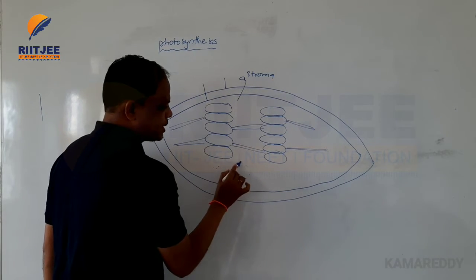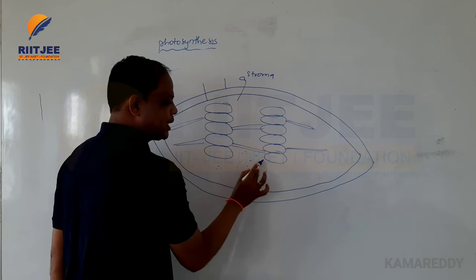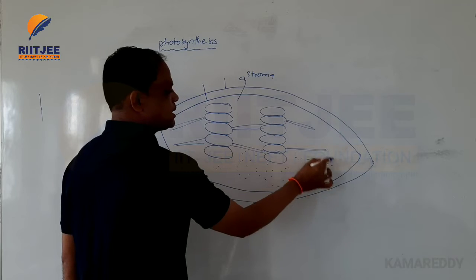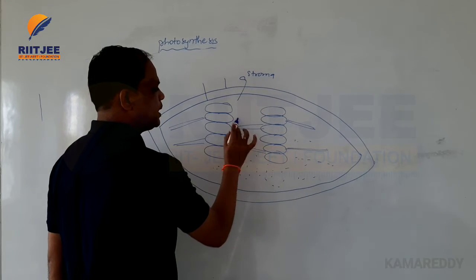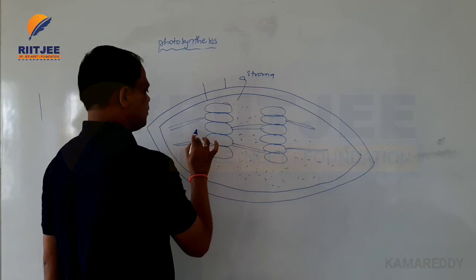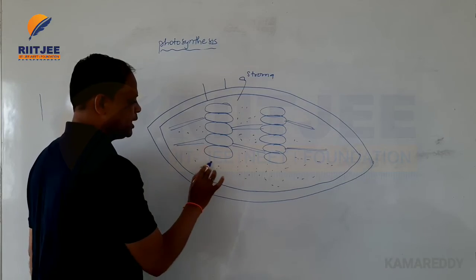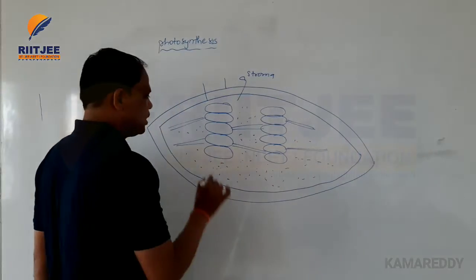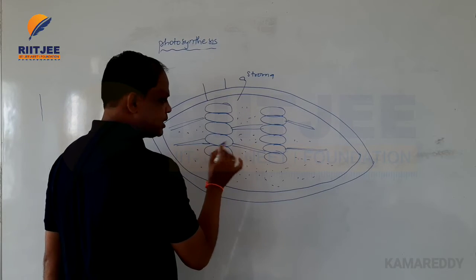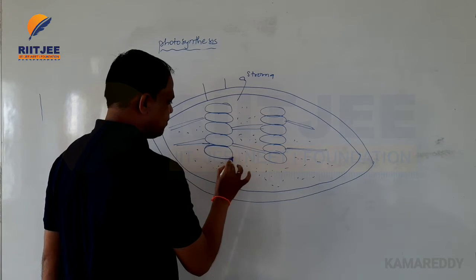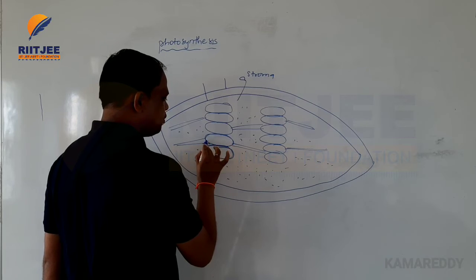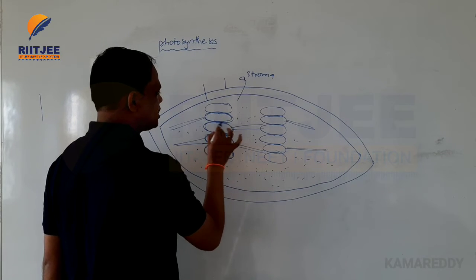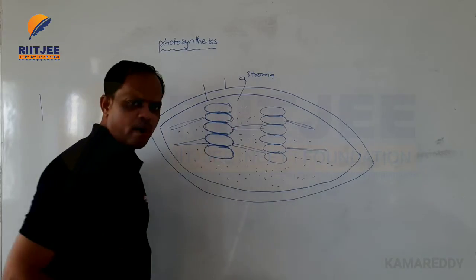Inside it there is a semi-solid liquid, and in this semi-solid liquid it contains a number of enzymes. Inside of the semi-solid stroma it contains specific sac-like structures. These sac-like structures are also called thylakoids.